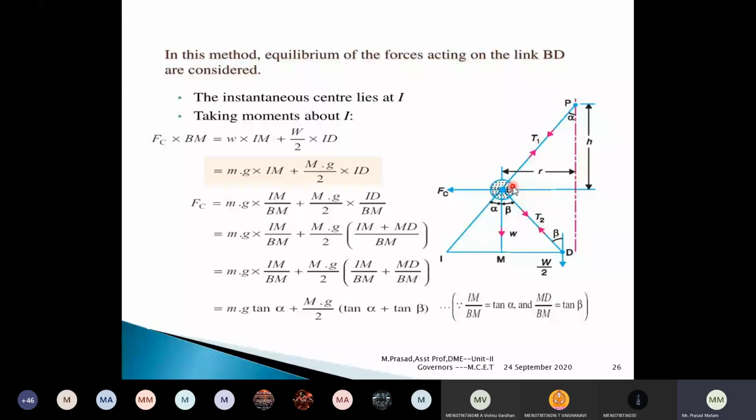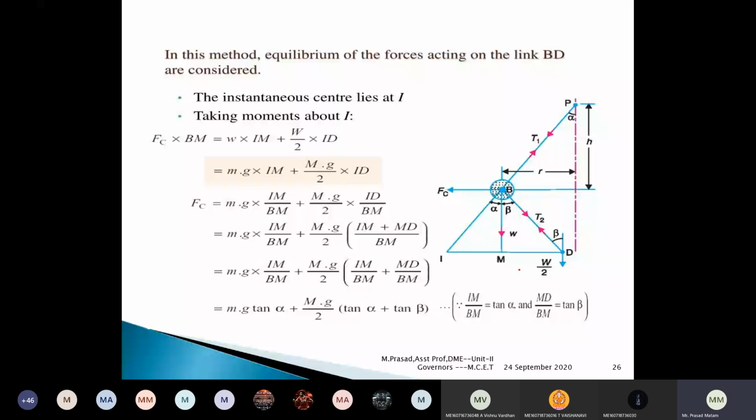With respect to I, how is this moving? This is moving clockwise. I have taken one clockwise motion. Similarly, what are the remaining forces? The weight of the ball with respect to I moves in anti-clockwise motion. Similarly, the central load also moves in anti-clockwise motion. I will show you with the help of the pointer.